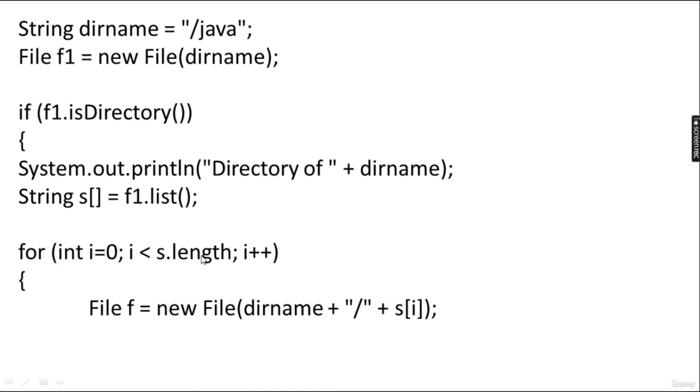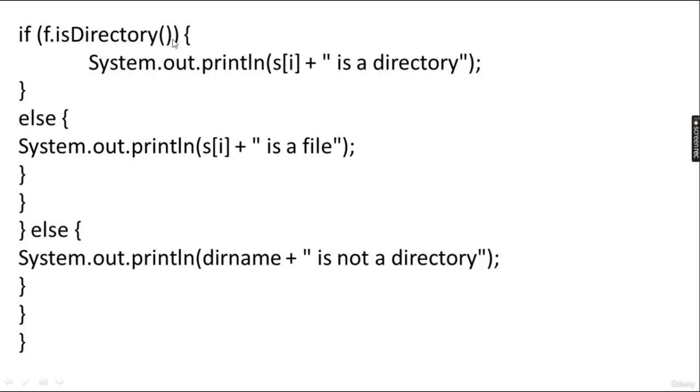From 0 to the array length, whatever file names are there, directoryName plus s[i]. If f is a directory, then you tell the user in the output that this particular folder is a directory, not a file. Otherwise, that particular one is a file. Otherwise, directoryName is not a directory.